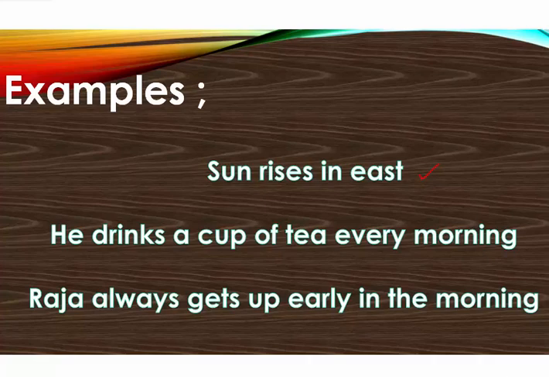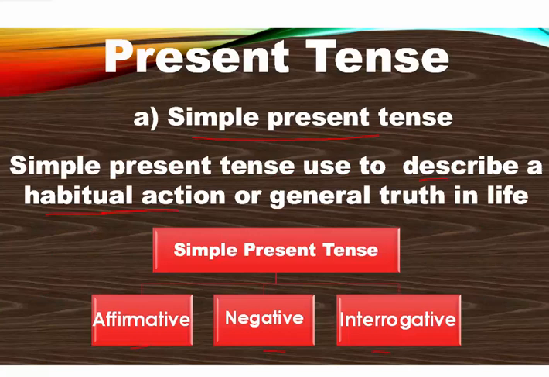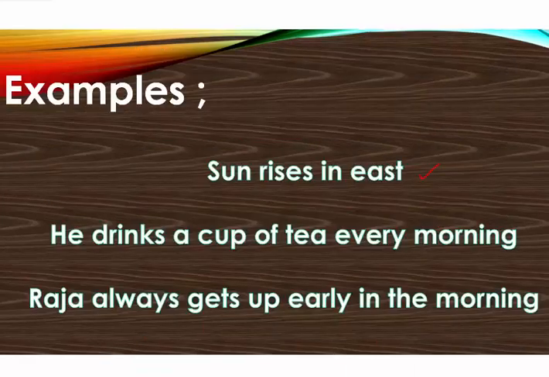So, I already mentioned simple present tense is used to describe a habitual action or a general truth. So, in this example, this is a general truth. Sun rises in east. Sun definitely rises in east.